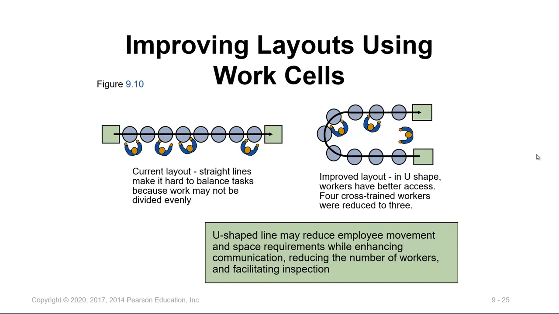So from 4 cross-trained workers, we reduce that number to 3, and the space and communication were enhanced too. In this space, they can communicate with each other, take over and help each other, and it will be more efficient to do it this way rather than one long straight line.